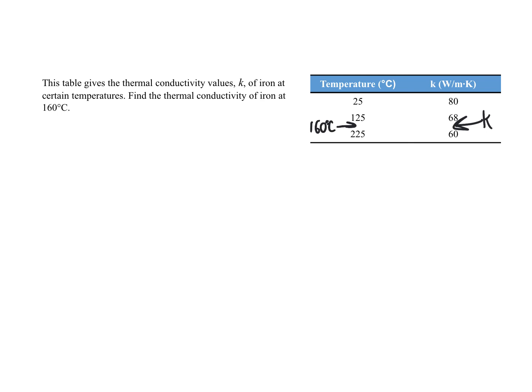So if we do K minus 68 and 160 minus 125 for our one side, and then for the other, do 225 minus 125 and 60 minus 68.